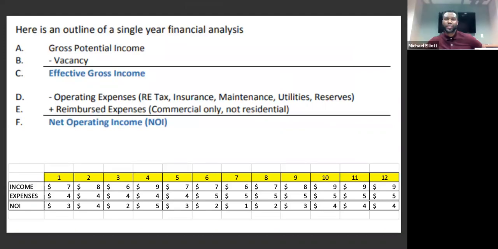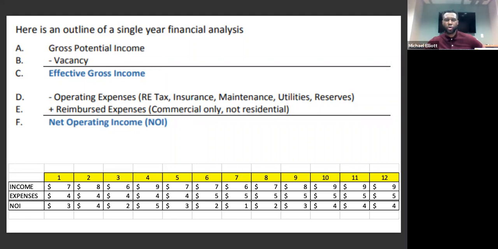Yeah, so this hopefully is simplifying all the numbers that we had on the prior few slides. Really, it comes down to gross potential income. How much money can I charge my tenants when it comes to the lease that we're going to have with them? You want to subtract any kind of vacancy percentages.